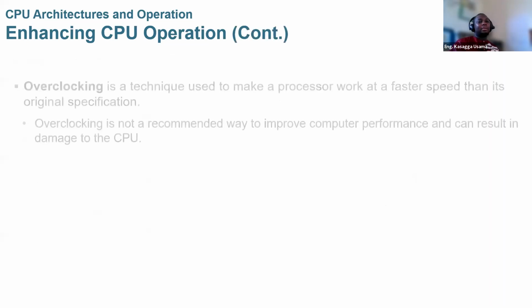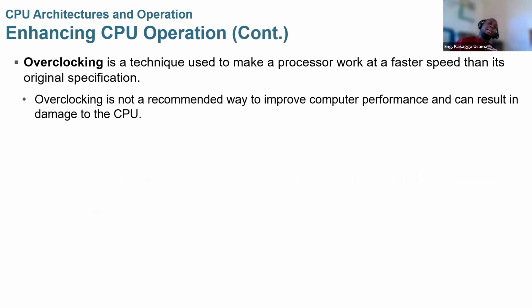Okay, so enhancing, again, we can enhance by using overclocking. Overclocking is a technique used to make sure that the computer works very fast, but not exceeding its original speed.